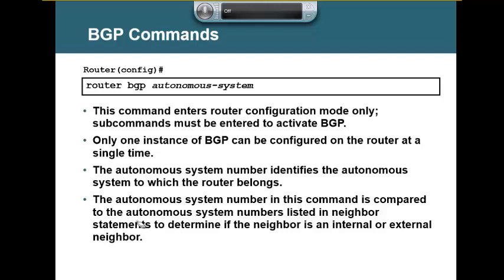VXLAN is another big feature today. It's all because of BGP. So we cannot simply say BGP only one instance, but EIGRP can be many instances. OSPF can be many instances.